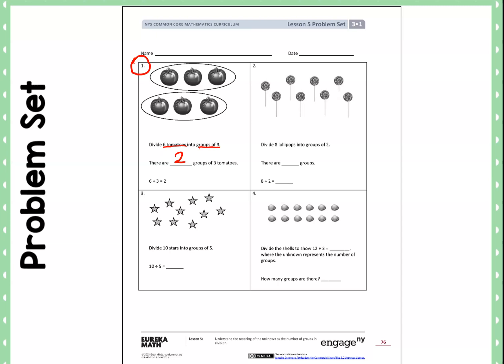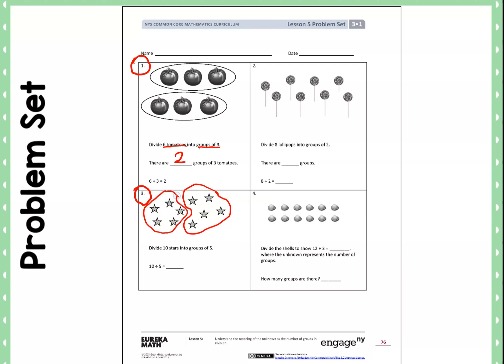Okay, let's move on to number 3. This one's a little bit trickier. It says divide 10 stars into groups of 5. Okay, so let's go ahead and count off 5. 1, 2, 3, 4, 5. So I'm going to go ahead and circle that group. Let's count another. 1, 2, 3, 4, 5.